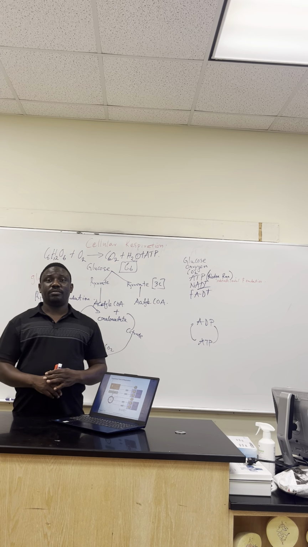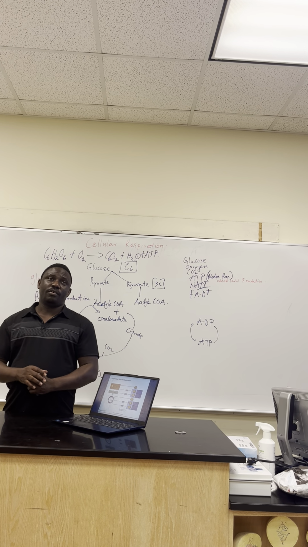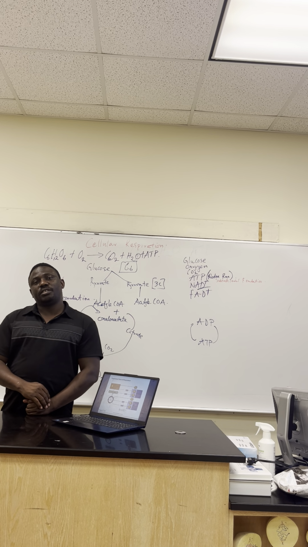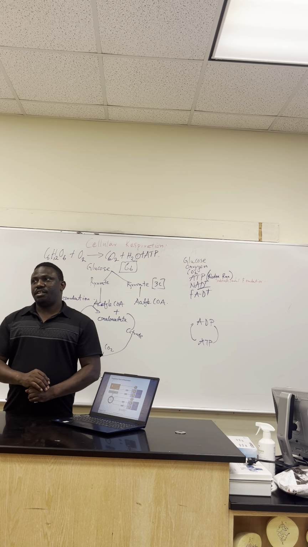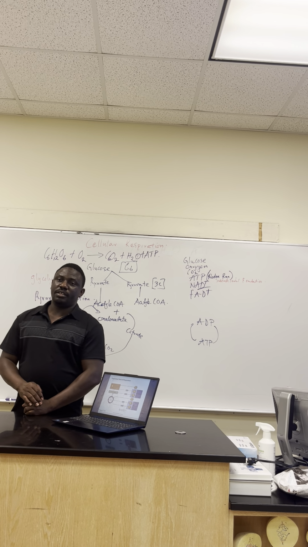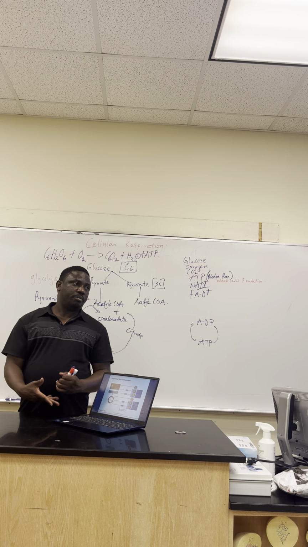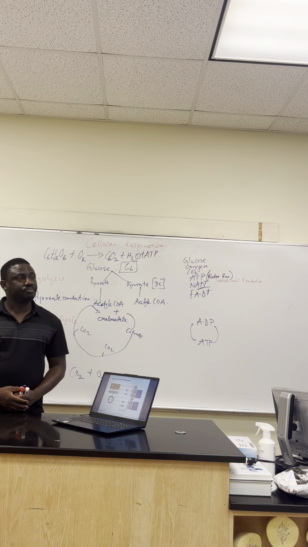Krebs is the guy that named the citric acid cycle, and he's the one that discovered it. So you can call it the citric acid cycle or the Krebs cycle. And finally the electron transport chain. Like I said, the most efficient step is the electron transport chain because it involves a process called chemiosmosis.